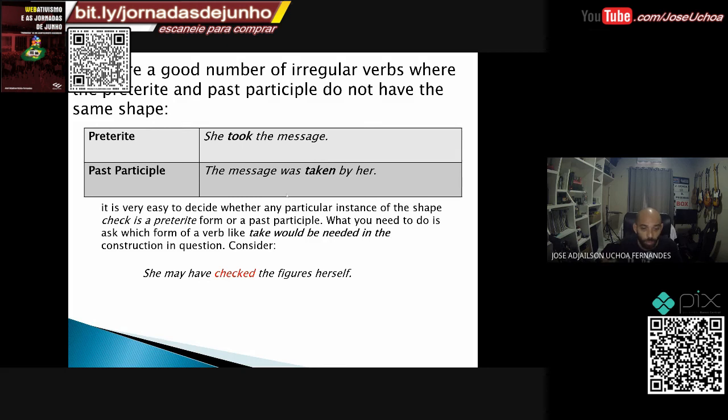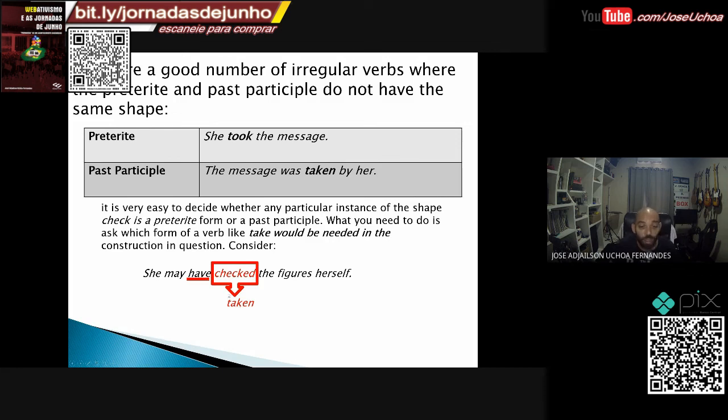She may have checked the figures herself. Vamos usar take, que está no slide, mas depois a gente testa com outro. She may have taken the figures herself. Vai lá na tabela e olha em qual coluna você vai achar taken. Na coluna de past participle. Então, este verbo também está no past participle. Ah, professor, poderia ser o verbo to see? Poderia.